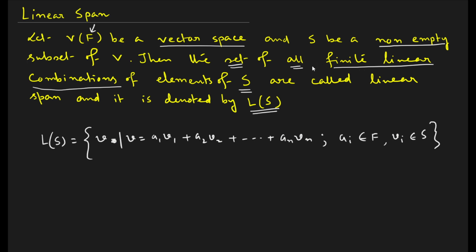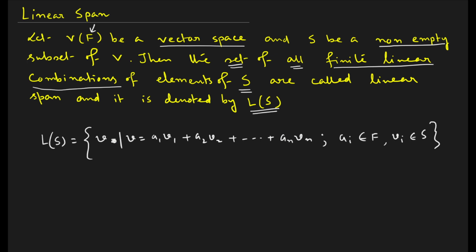That particular combination will be put in a set, that is linear span. So like this we can take any number of elements any times. First, suppose we take one element, make a combination, put it in L of S. Then you take two elements, again make a different combination, then put in L of S. Again you take some more elements and make another combination and put it in L of S. So in L of S there will be so many elements, but all the elements are what? Linear combinations. Generally in one set we have some elements, but in linear span, all the elements are linear combinations.